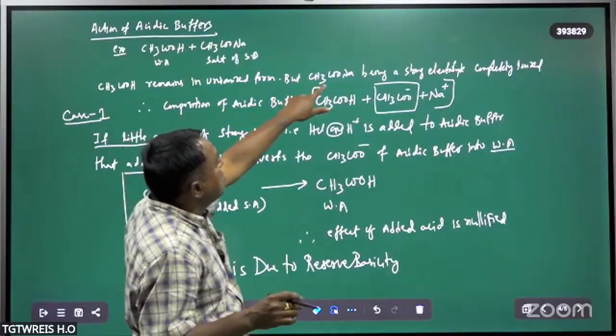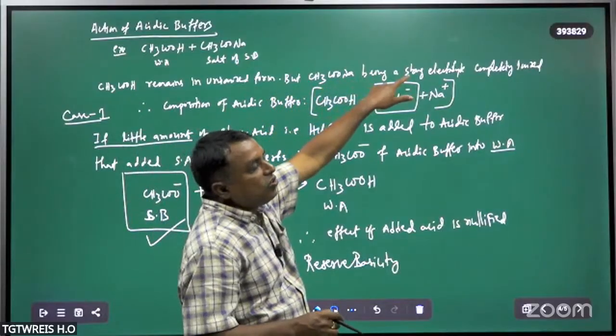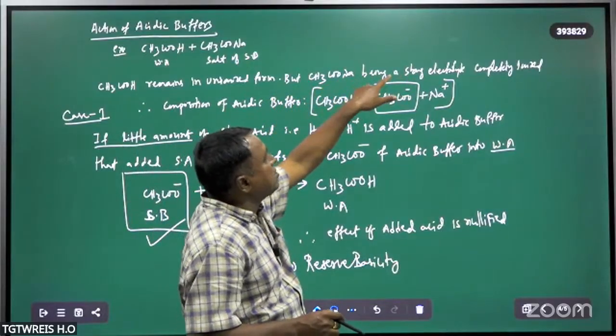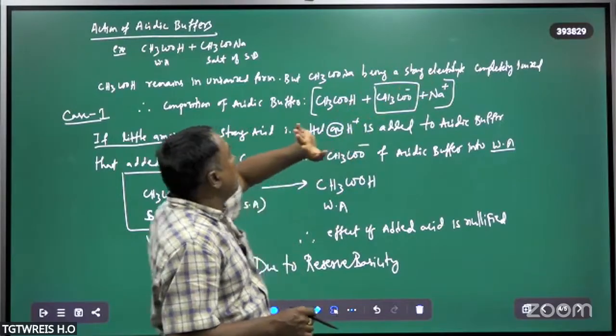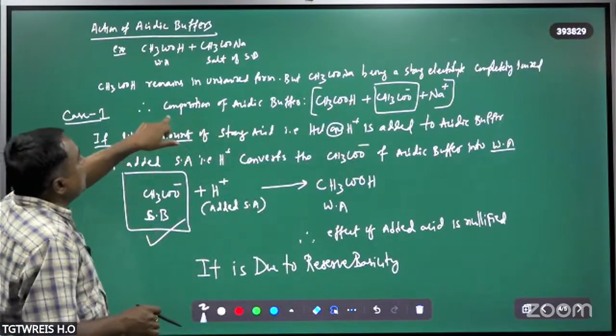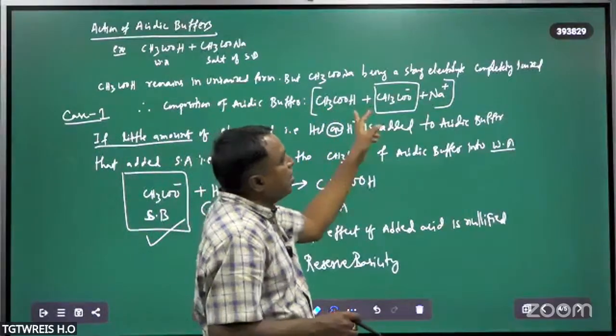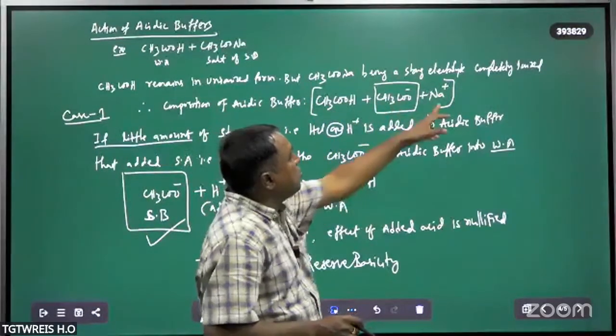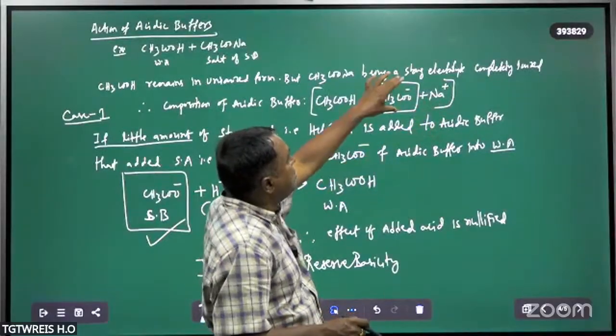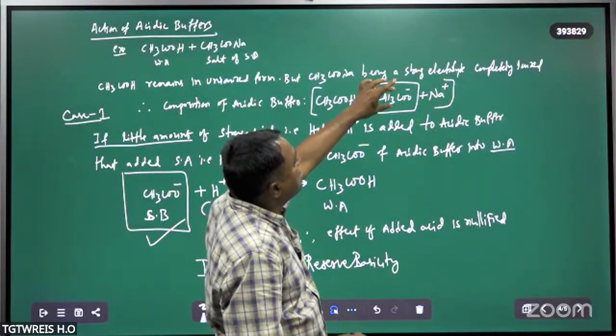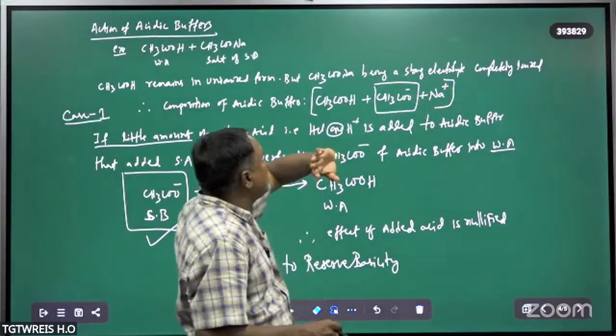But CH3COONa, being a strong electrolyte, is completely ionized in the mixture. Therefore, in the composition of an acidic buffer, CH3COOH is unionized, whereas CH3COONa is completely ionized, separating into CH3COO minus and Na plus.